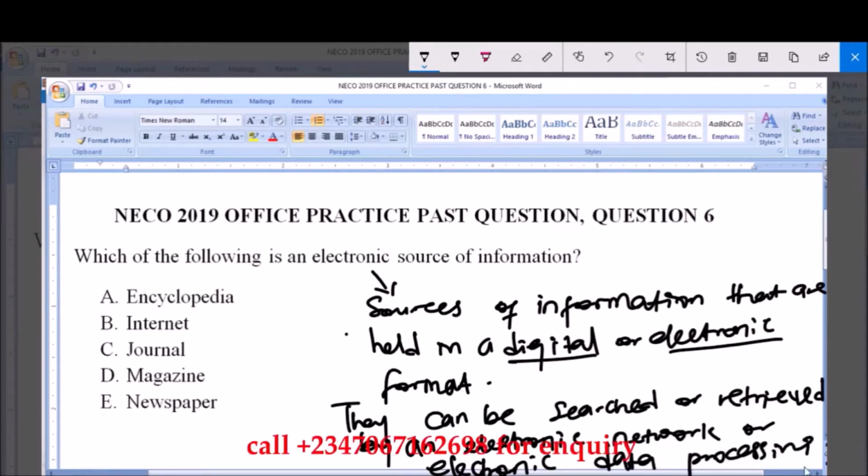So this is just a simple description or definition of electronic source of information. These sources of information are held in digital or electronic formats.